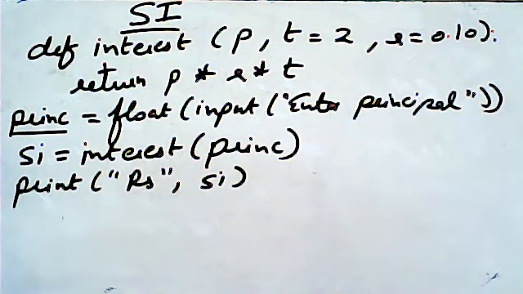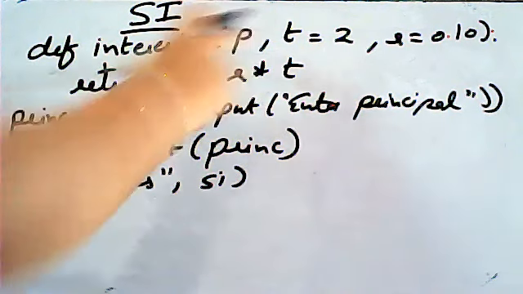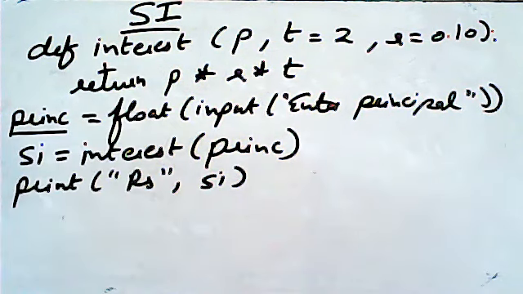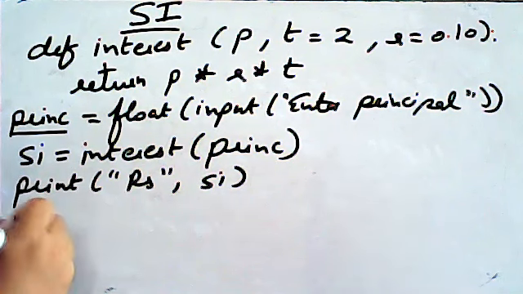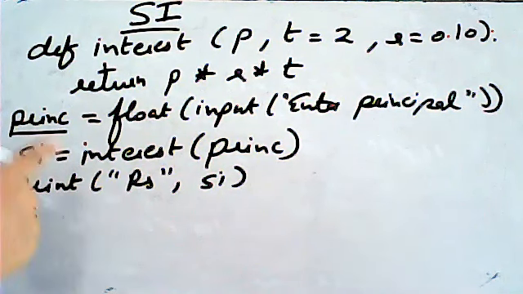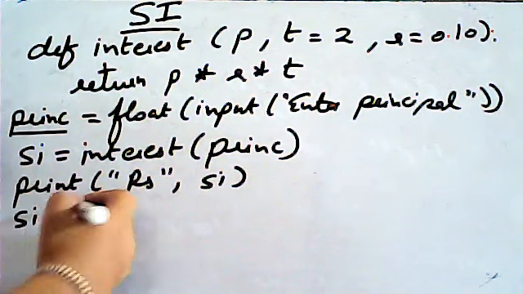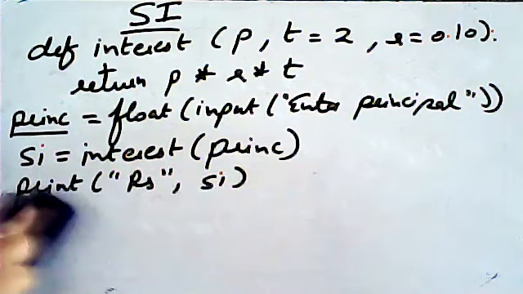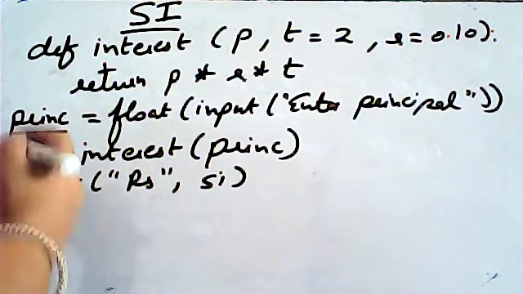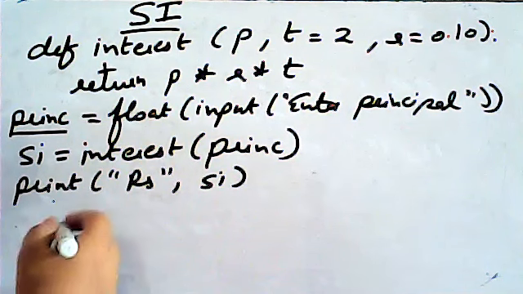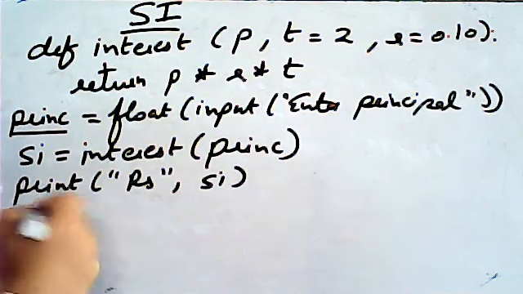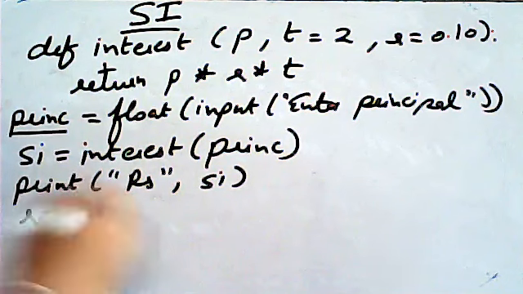Okay, so how you can find out this interest? I can call SI. So I just write SI here. Firstly, I take the value from the user only. Rate of interest, I just write ROI.